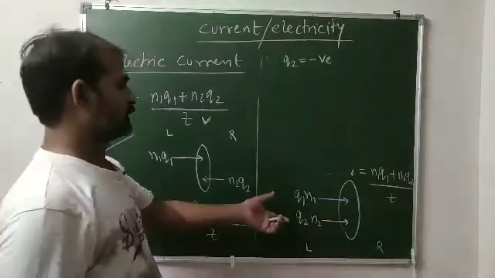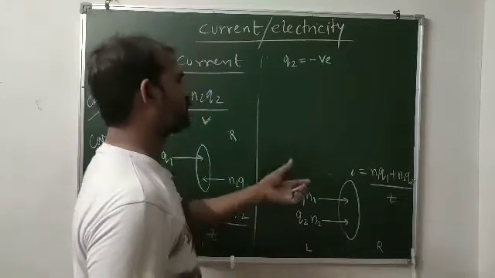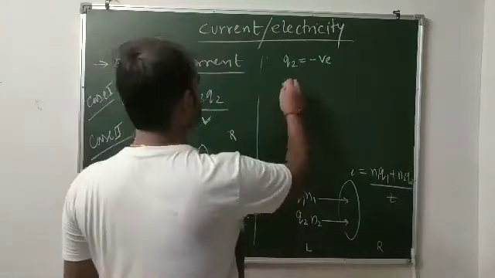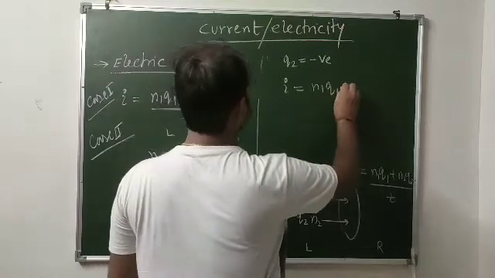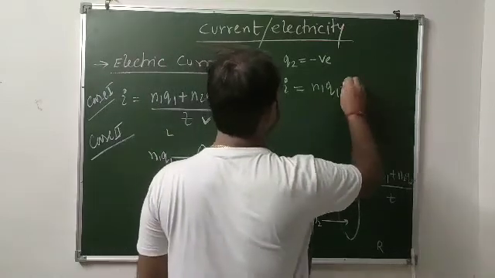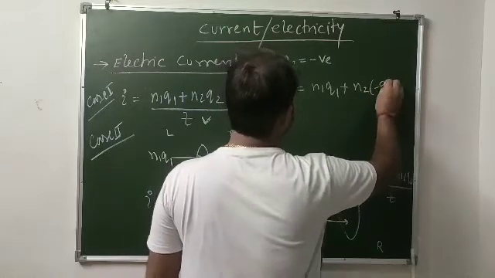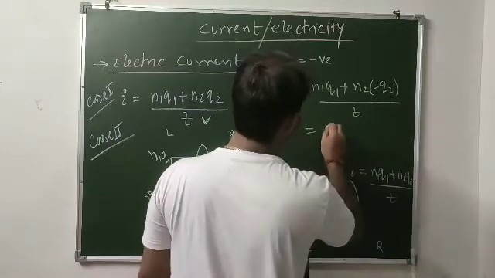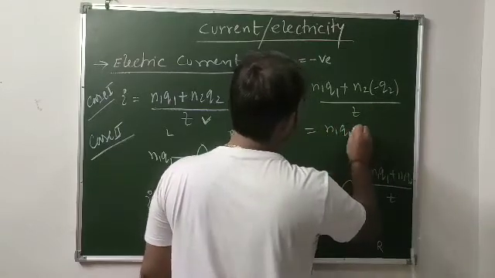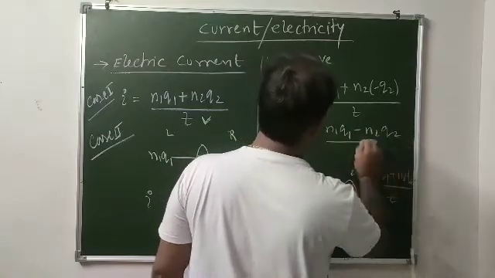If some amount of positive charge and some amount of negative charge are going in the same direction, then the current will be N1 Q1 minus N2, sorry, here will be plus, but our Q2 is of minus, so the current will be N1 Q1 minus N2 Q2 upon t.